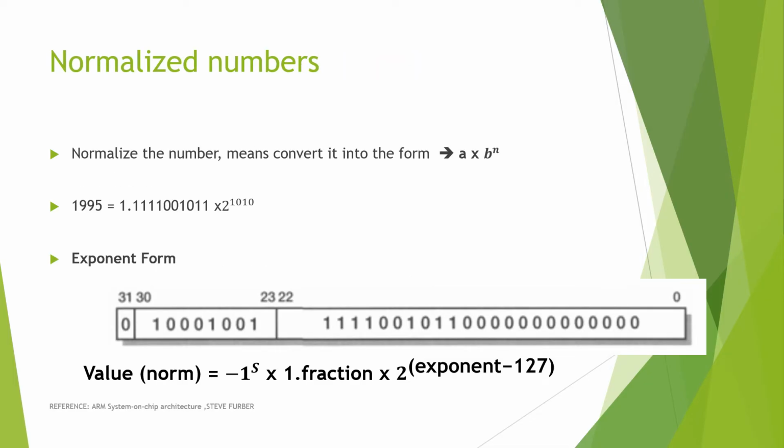So see how 1995 has been done. I said it should be represented in a into b raised to n form, right? Here the number was like this: 1 1 1 5 1, then you have 0 0 1 0 1 1.